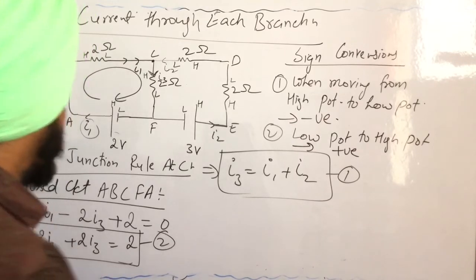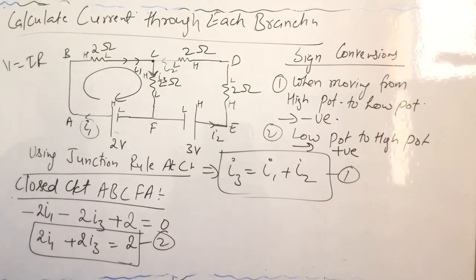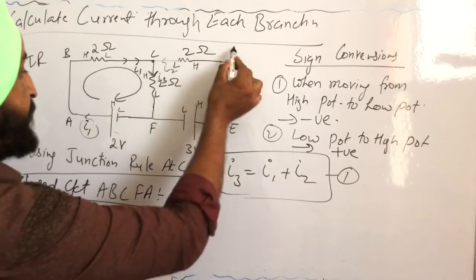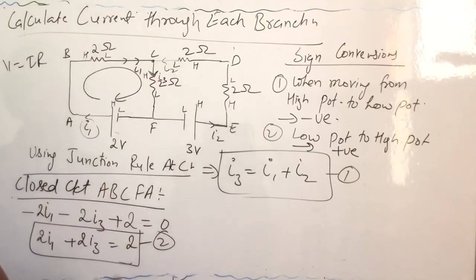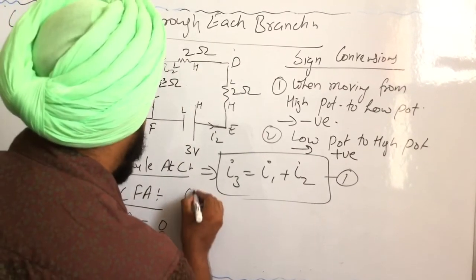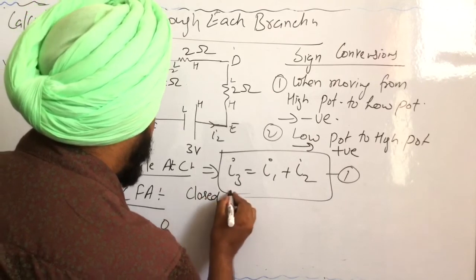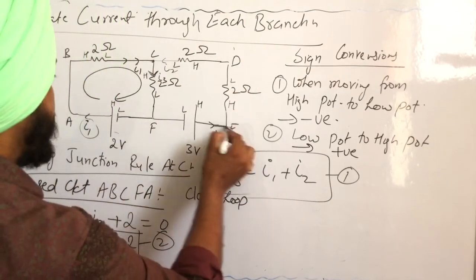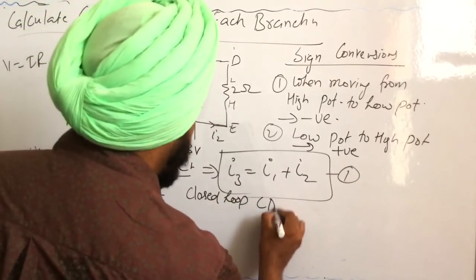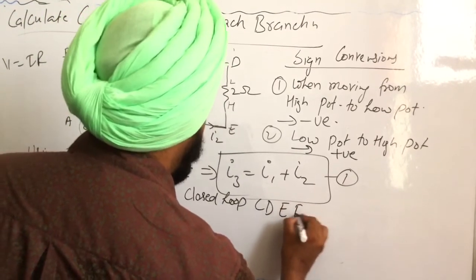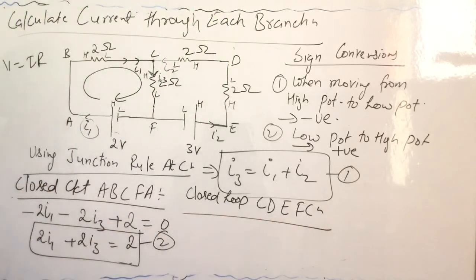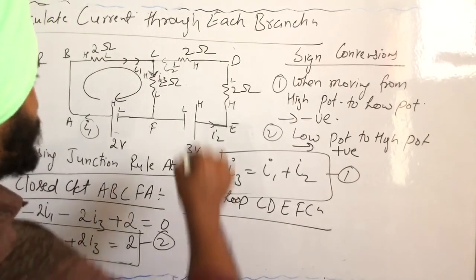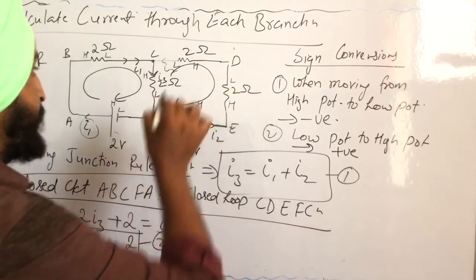Similarly, we can get equation number 3 from the closed loop CDEFC. So now I am taking the closed loop, and the loop is CDEFC. So in this loop, I will again be traveling in clockwise direction.